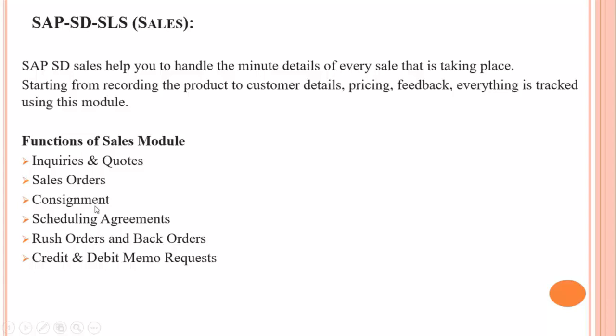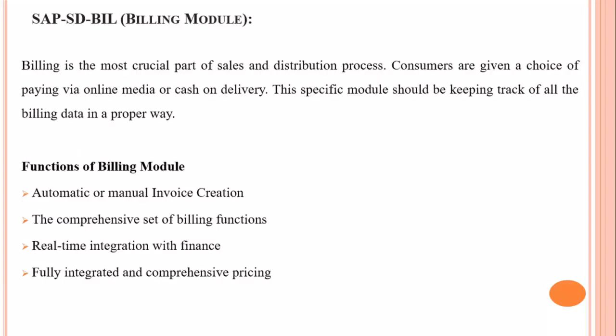Third is consignment. What consignment you should get regarding a particular product. Then scheduling agreements between the customer and the seller. Then rush orders and back orders, credit and debit memo requests. These all are the functions of the sales component of SAP SD.